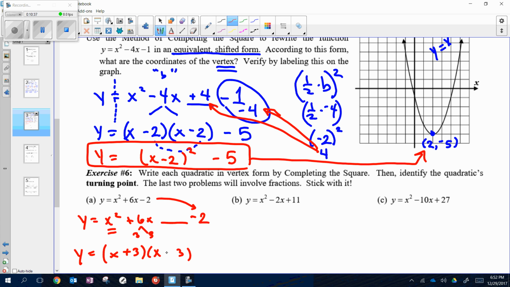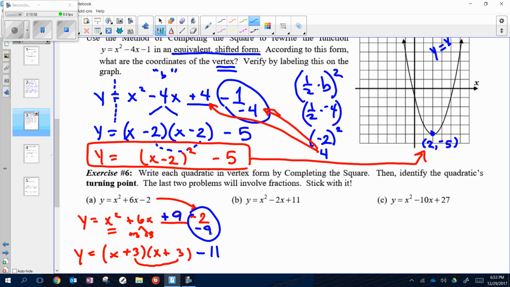Everything was positive on the 6. You get a positive 3 and a positive 3. That creates a 9 that I needed to add in to the blank spot. Adding in a 9, and then I need to take off the 9, and negative 2 take away 9 is negative 11.